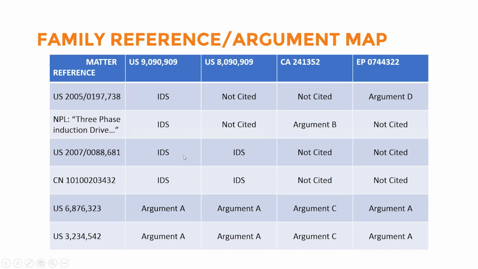So it's important to figure out how to lay this data out so that it can be viewed in a useful manner. From a high level, a table layout can be really helpful. Across the top axis are the list of patents in the family. We've got 2 US matters, a Canadian and an EP matter here.